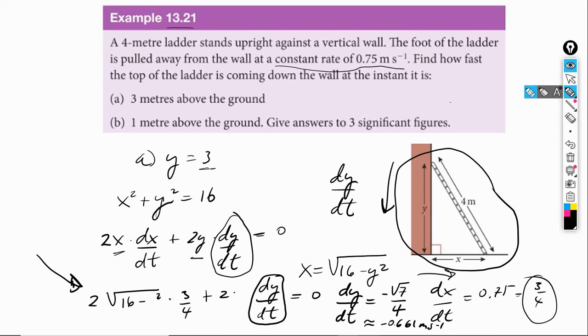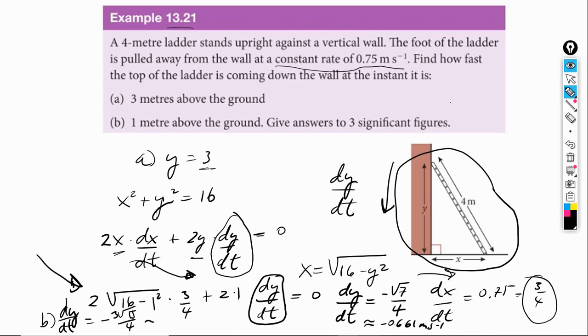So let's substitute that for 1 here. So this would be 16 minus 1 squared, and this would be 2 times 1. So again, and this is for part B, we would solve for the rate of change in the y direction, or differentiation of y in terms of time. And this is going to be, in this case, equal to negative 3 square root of 15 over 4.